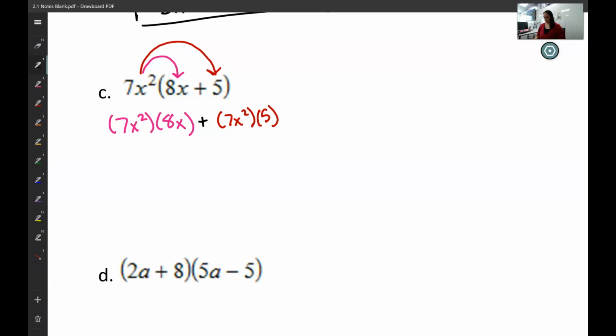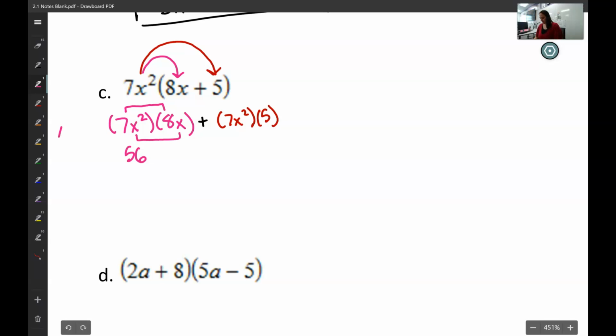Now I need to simplify. So I've got 7x squared times 8x. The easiest way to simplify these, multiply your numbers first, so 56, 7 times 8, then multiply your letters.